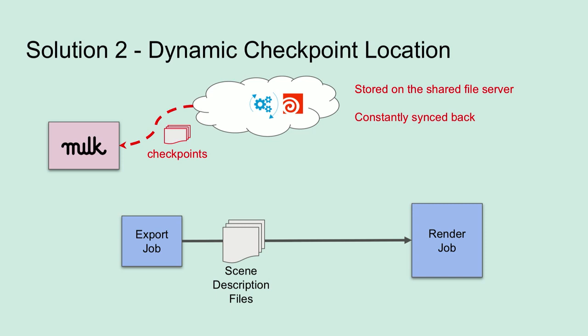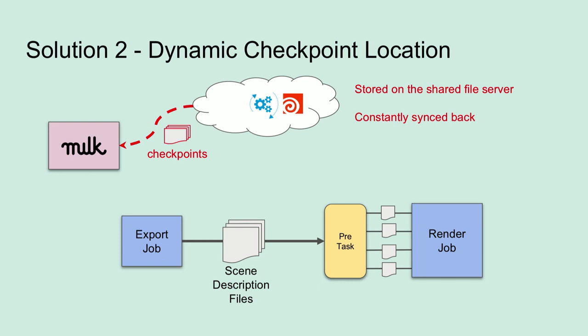And what we then did is, if we're looking at the bottom, is a representation of the jobs on the farm. So we have an export job on the left and the Mantra render job on the right. So what the export job is doing is basically creating the scene description files, the IFD files, that then get rendered in Mantra. So what we inserted is a pre-task script, which will run for every single IFD file.